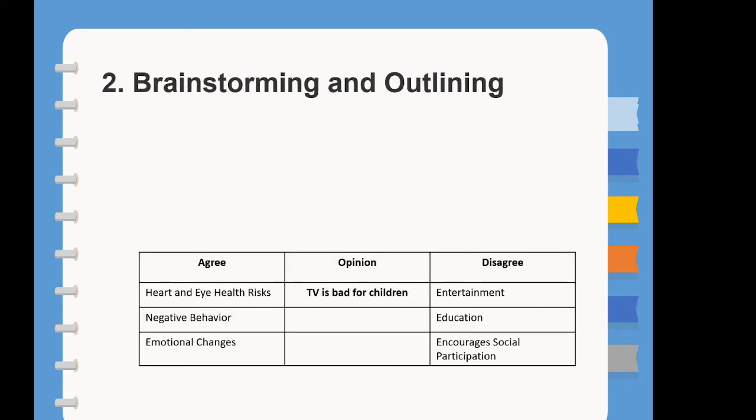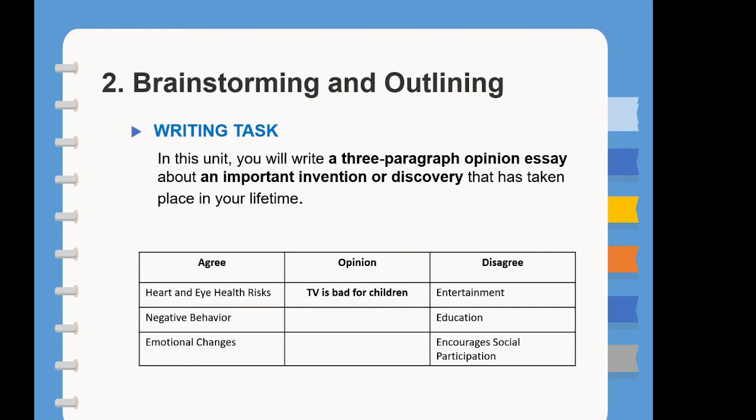The next step of writing an opinion essay is to brainstorm an outline. Everyone, I would remind you that in our course, you are supposed to learn only a 3-paragraph essay. So in your essay, you just write a 3-paragraph essay only.